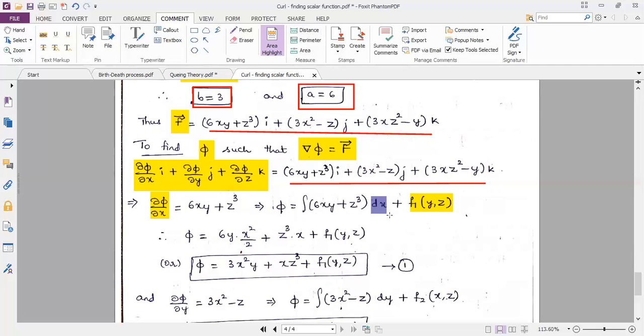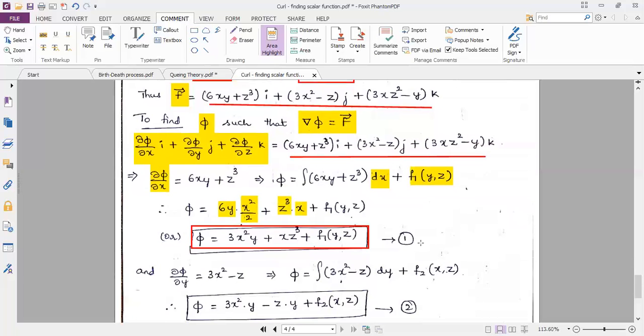Since we integrate with respect to x, we add constants of integration with respect to y and z, so f1 of y comma z. 6y is a constant, writing as it is; integration of x dx is x²/2. Plus z³ is a constant, writing as it is outside; integration of 1 dx is x, plus f1. This gives us an expression for phi as 3x²y + xz³ + f1(y, z).